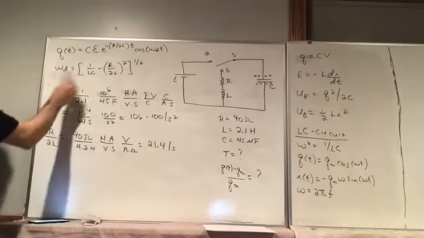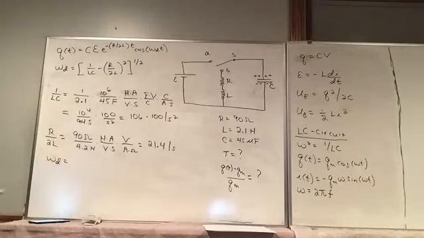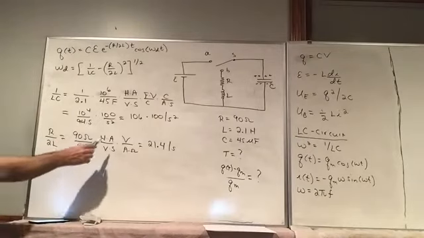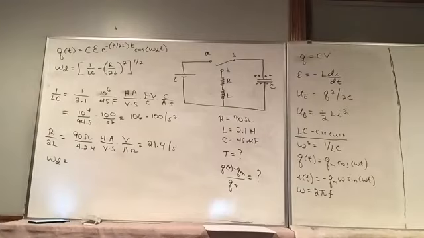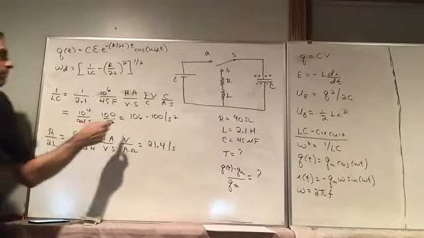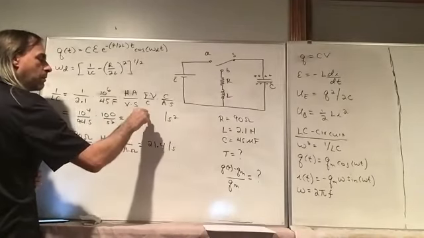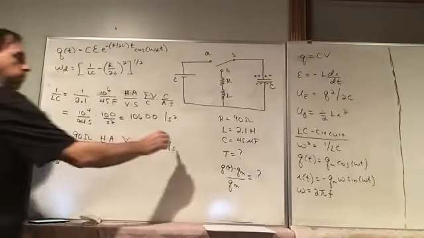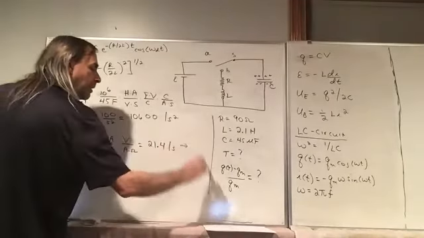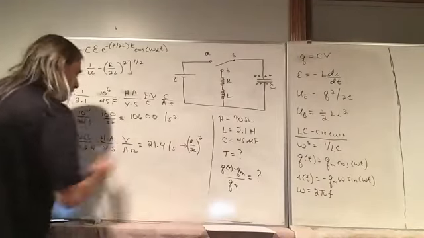And now we can find omega d. So we have 1 over LC. Let's just do this. See if I can cram this in here. R over 2L squared.